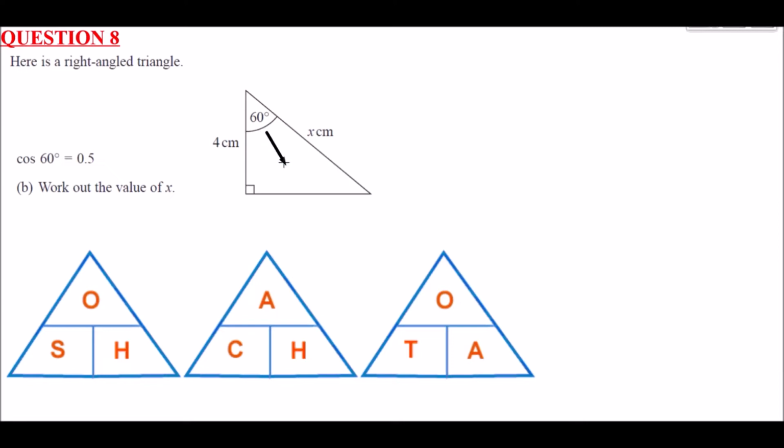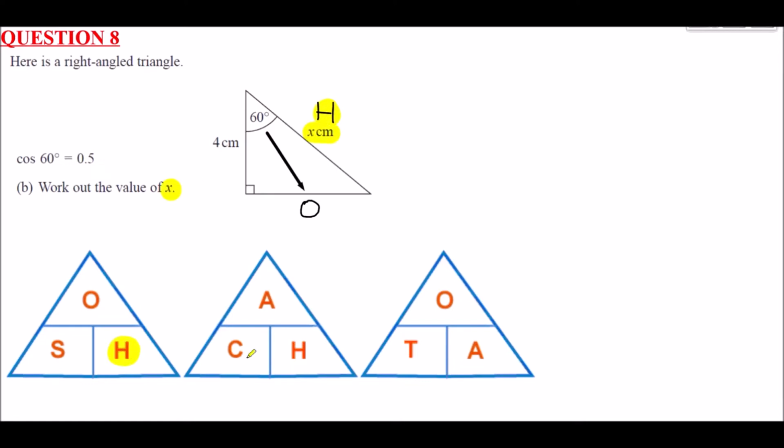The side opposite to the angle, label O for opposite. I don't want to know the opposite. I want to know this side x. x is the longest side. The longest side is h. So I'm interested in side h because I want to find out what x is.